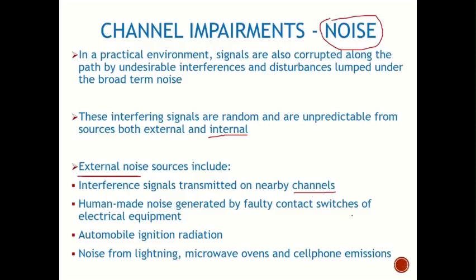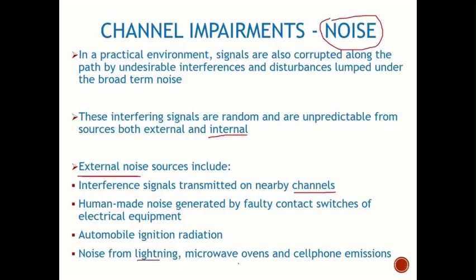Human-made noise, for example, switches in the electrical equipment that we are using for the communication system. If they are faulty, then we will have some noise there. The ignition system of an automobile radiates frequencies, and if they are in the same frequency range as your signal, they will result in some sort of noise.